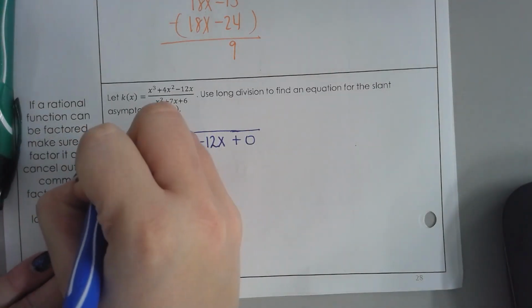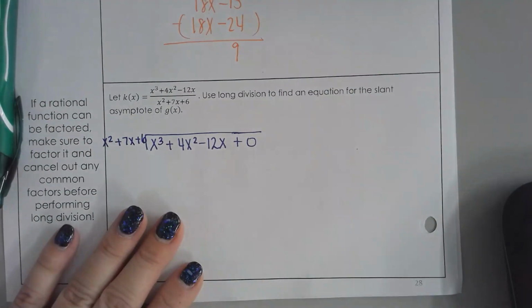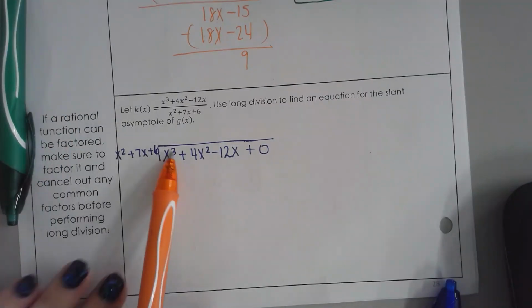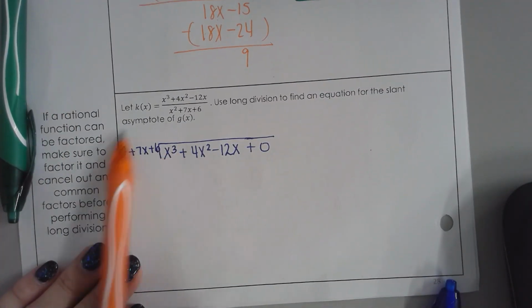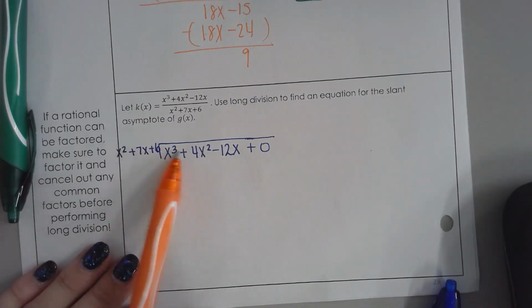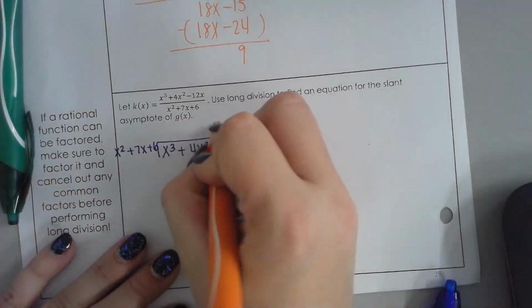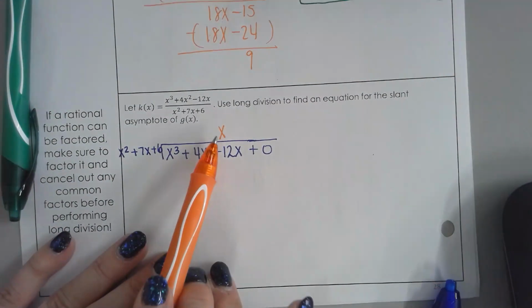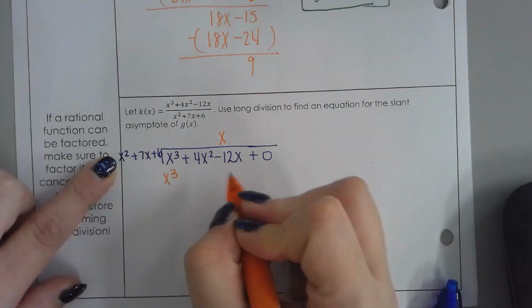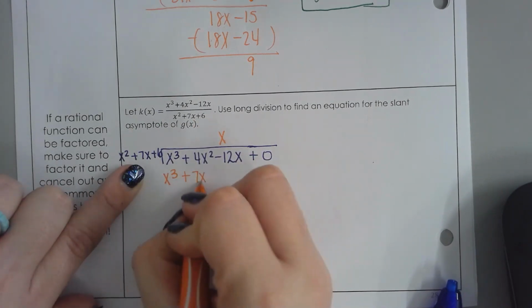X squared plus 7x plus 6. The process is still the same. We still say, okay, this leading term x cubed divided by that leading term x squared. What is that? X. Yep. And then I'm going to multiply. X times x squared is x cubed. X times 7x is 7x squared.